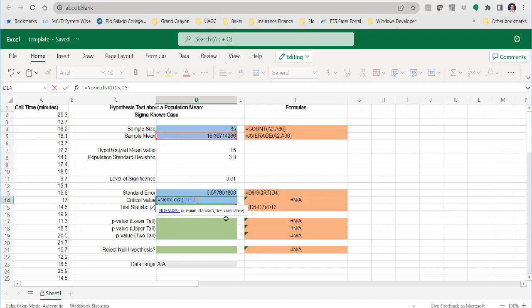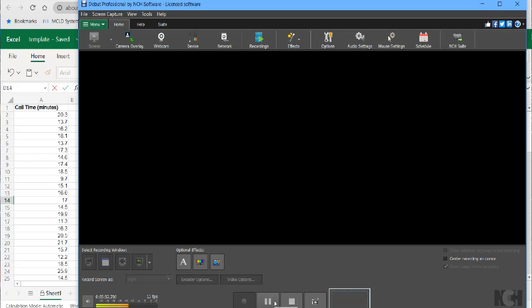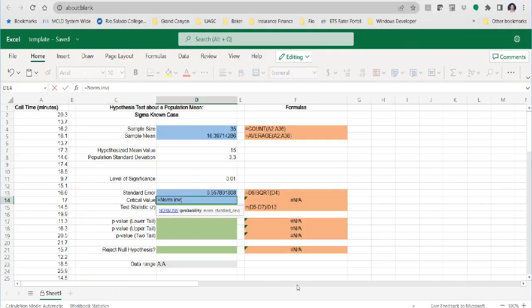I'm sorry, I think I want to use the, hold on, I'm going to pause for just a minute. Okay, I'm back, I'm sorry. So you're going to use norm.inv for the inverse normal distribution. We're going to put in 0.99 because we want 0.99 below this value, which is the critical value, and 1% above.